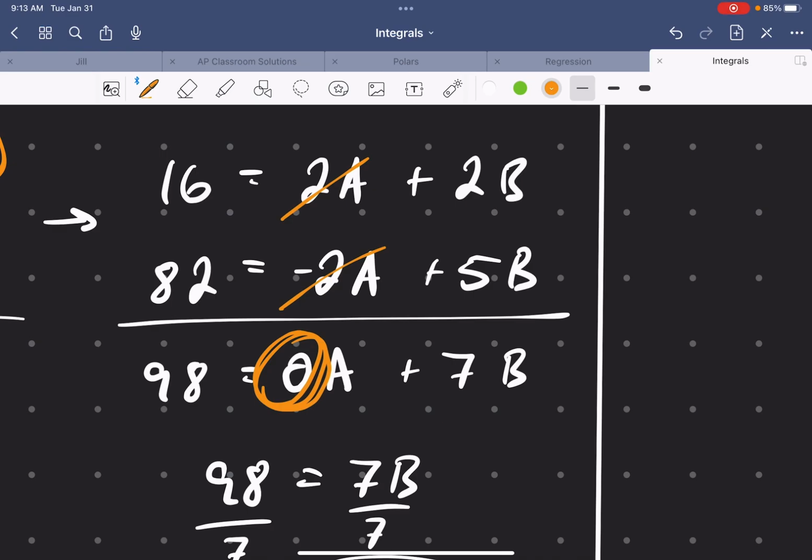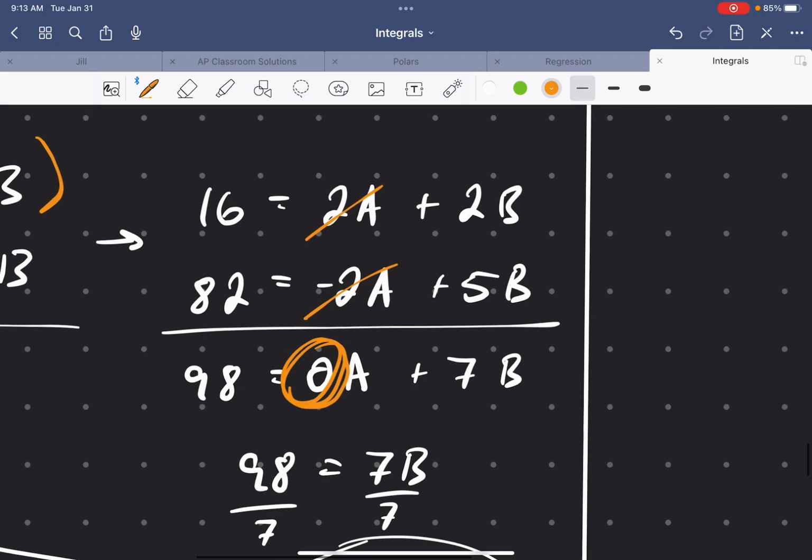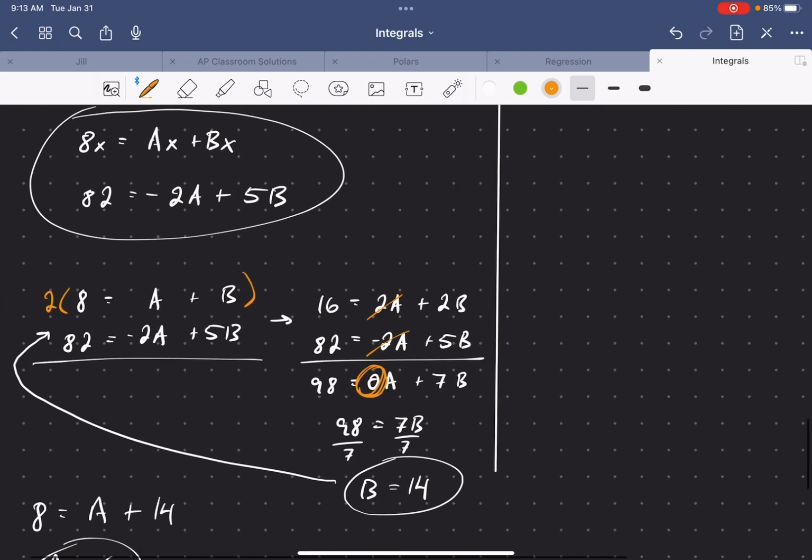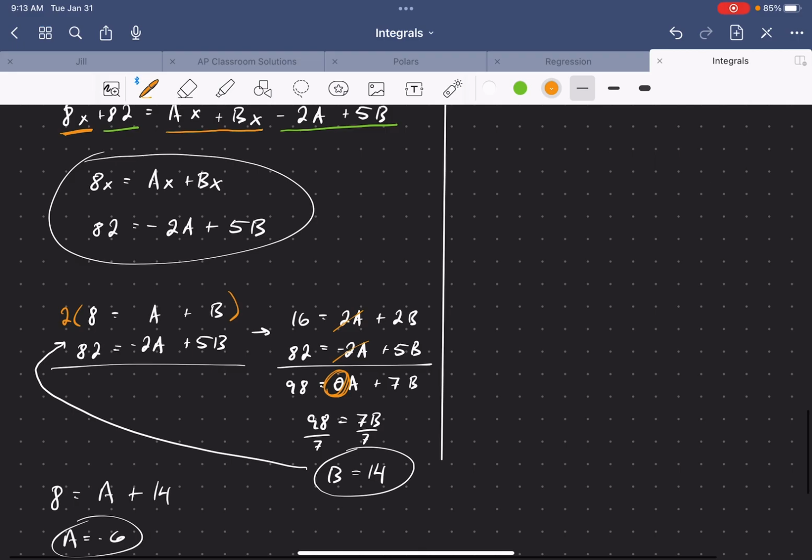And we could also have solved for A by creating a 0 for the B. We could have just as easily eliminated the B's in this step instead of eliminating the A's. So that's going to be our small goal: we want to try and eliminate the A and the B by getting those to 0 somehow.